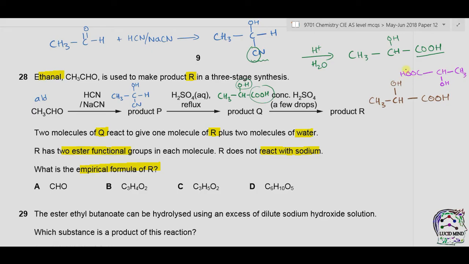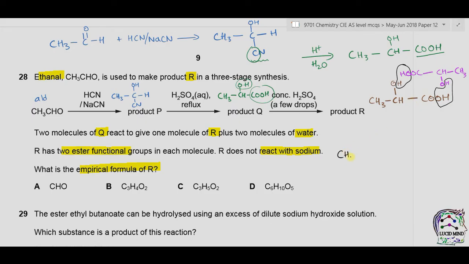Now esterification can take place. OH and H can be removed in the form of water and an ester functional group is formed. Again, OH and H can be removed in the form of water to form an ester functional group. So now the product formed will be like this.